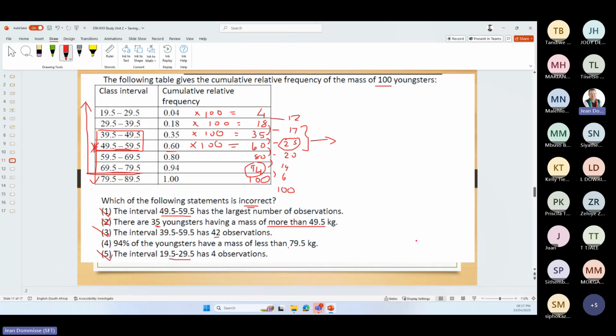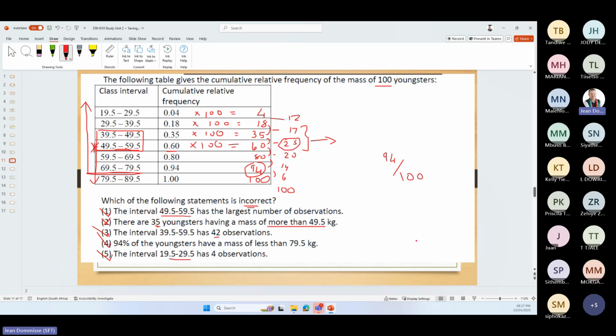So that again is the same to say up to 79.5 or less than 79.5. There's 94 of them. And if it was written as a percentage, it would have been 94 divided by 100 to give it into a percentage, which will give us the 94%.